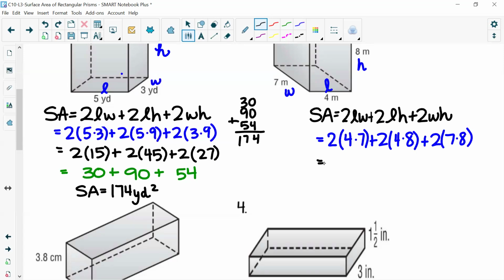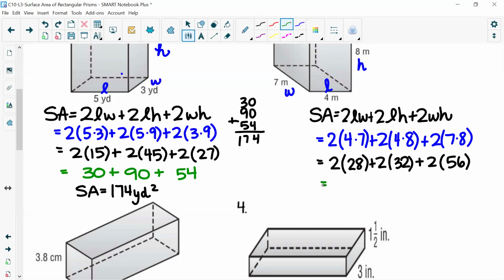Okay, so we have 2 times 4 times 7 is 28, plus 2 times 4 times 8 is 32, plus 2 times 7 times 8 is 56.